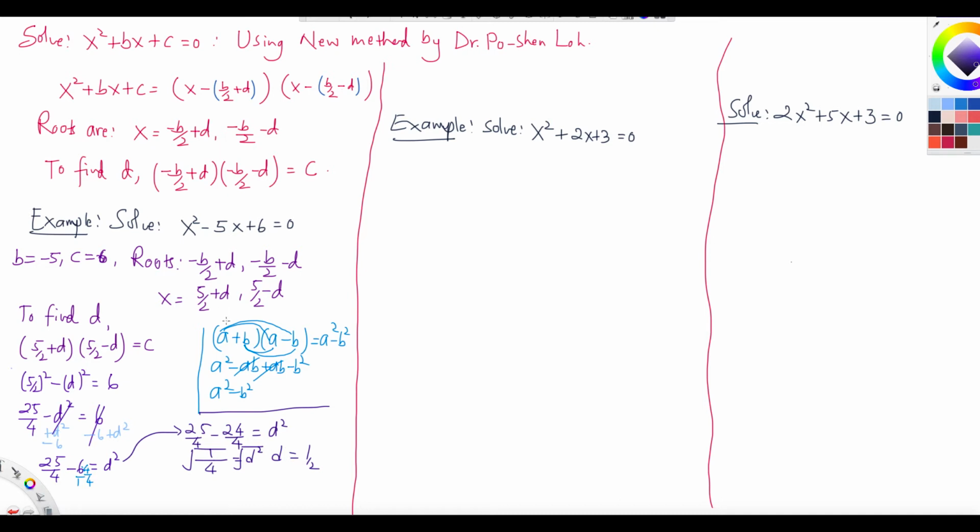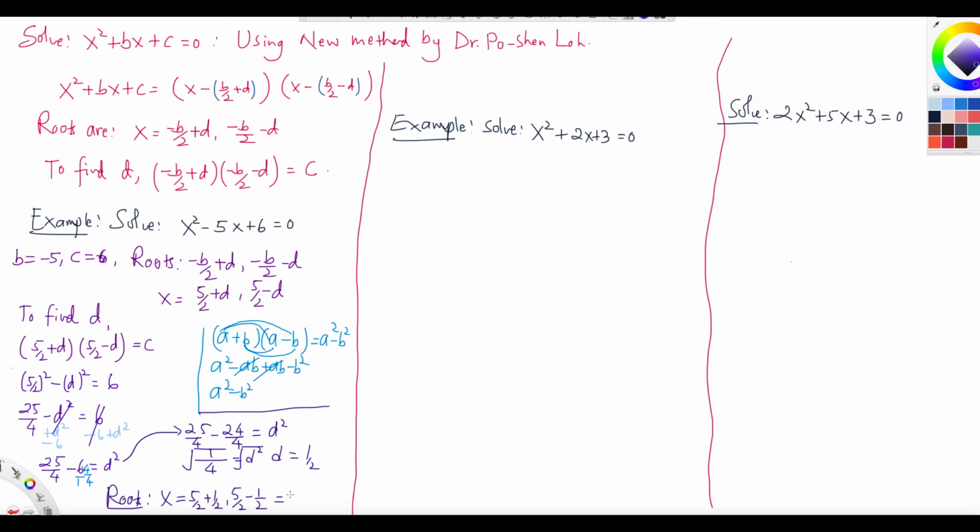We will use this in the x values. So the roots are x equals 5/2 plus 1/2, and the next one is 5/2 minus 1/2. What is 5/2 plus 1/2? 5/2 plus 1/2 is 6/2, right?